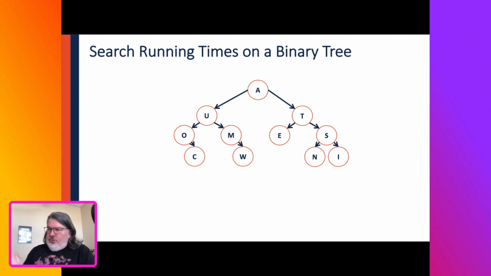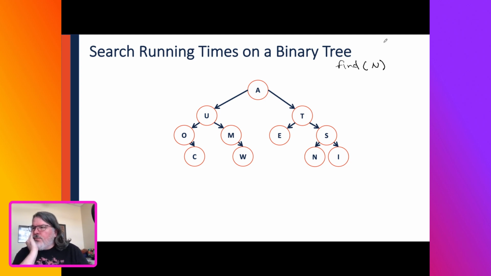How would we do find, say, n? Let's think about this. If we want to find n in the tree, how long is the running time of any algorithm? Log n?